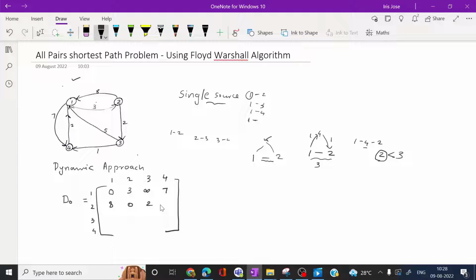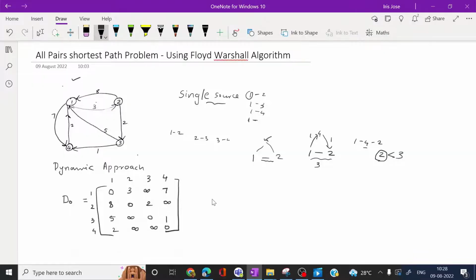From 2 to 4 there is no direct edge, so the distance is infinity. Similarly we write the other distances: 5, 8, 0, 1, 2, infinity, infinity, then 0. So this is the cost adjacency matrix. It gives the distances between each pair of vertices.